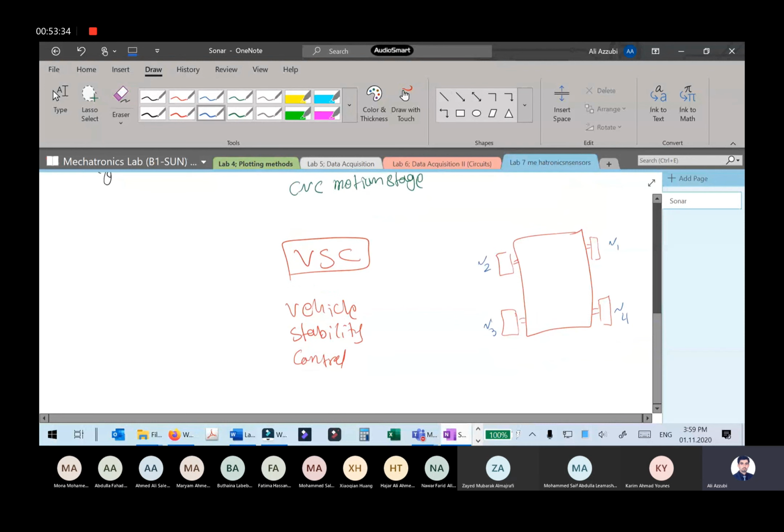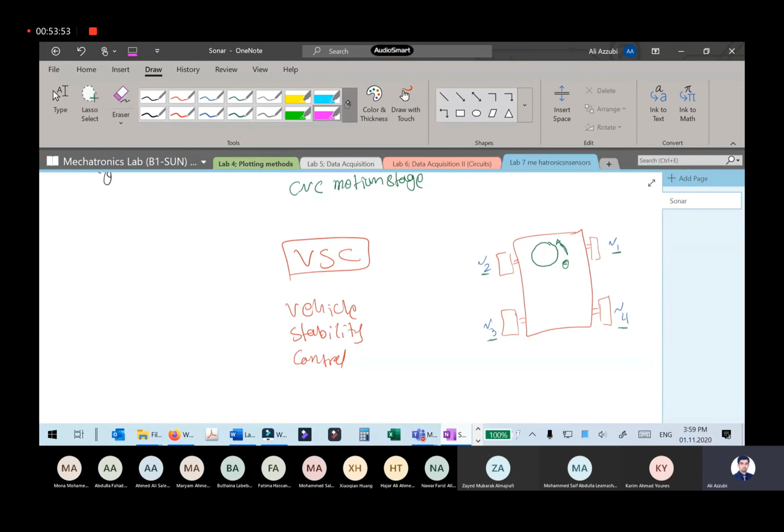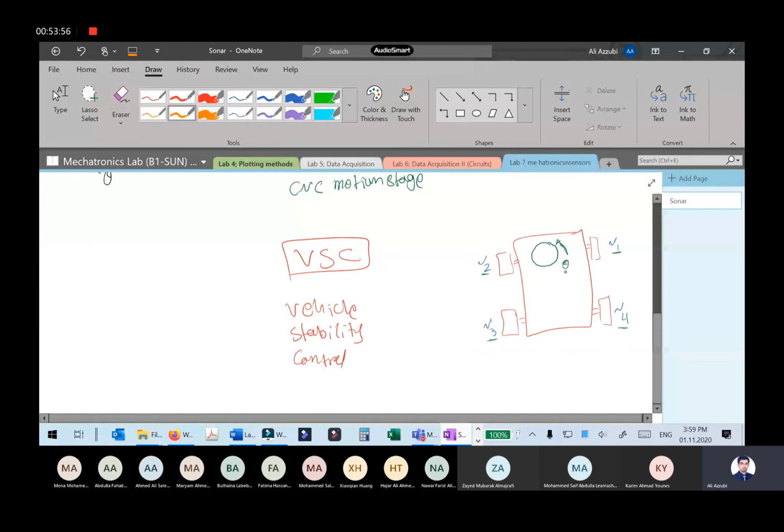Now by measuring the speeds of each wheel, you can simply know, of course you need to measure the steering wheel angle using another encoder. This is another example where we'll use an encoder. By comparing theta, V1, V2, V3 and V4, the computer in the car can estimate if the car is going to skid or not.